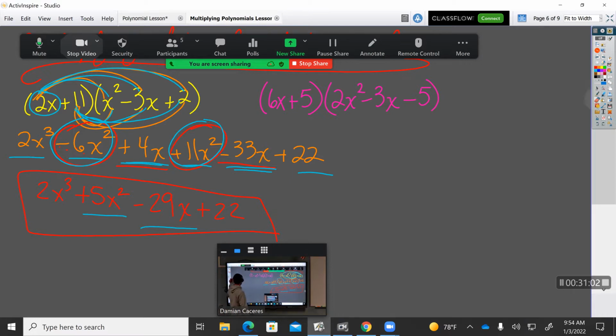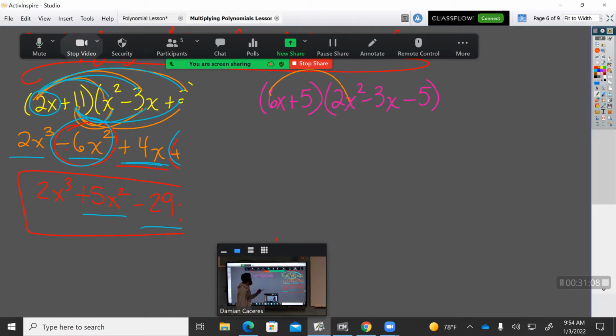All right, let's review it. So 6x times 2x squared, 12x to the third power. 6x times negative 3x, negative 18x squared. And 6x times negative 5 is negative 30x.